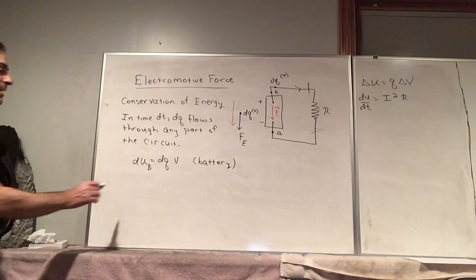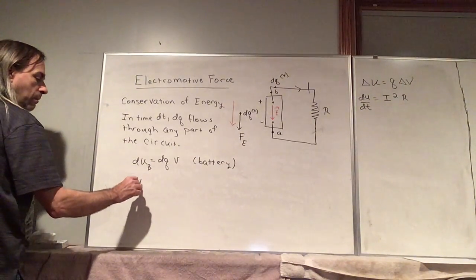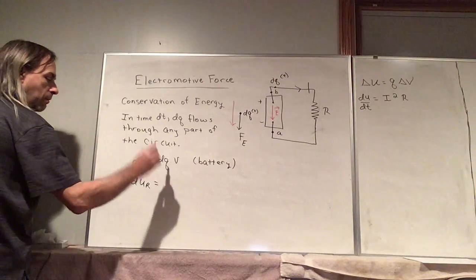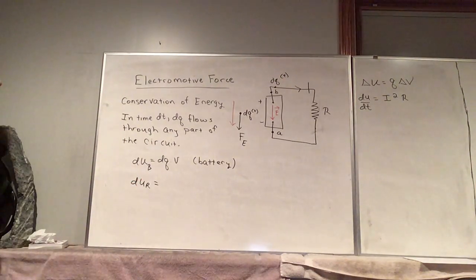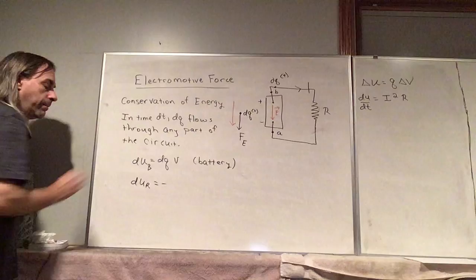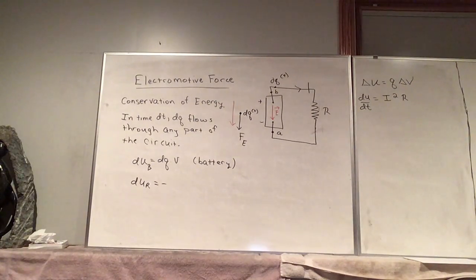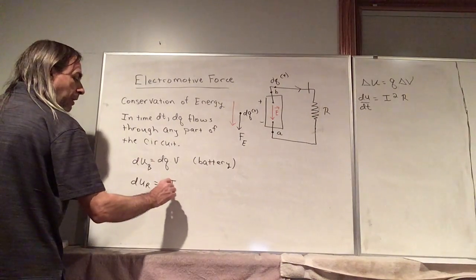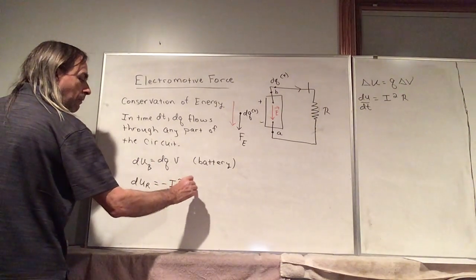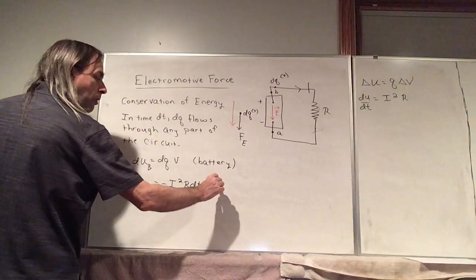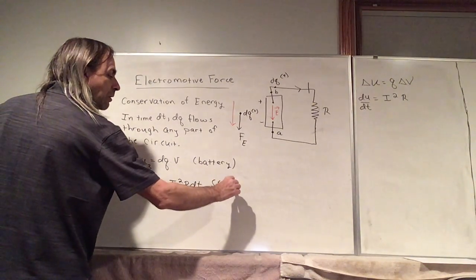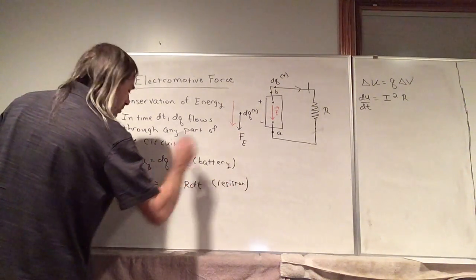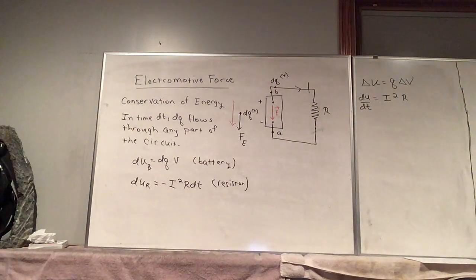Now if we look at the resistor, that's dissipating energy, so we have a minus sign: minus I squared R dt. So that would be for the resistor. Overall, if we add this up, we have to get 0.